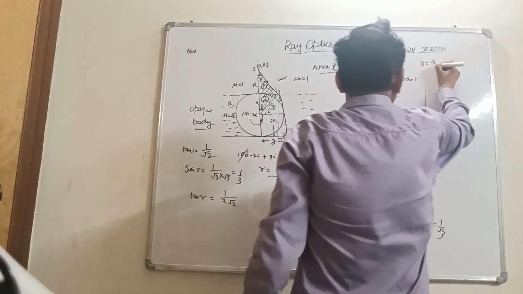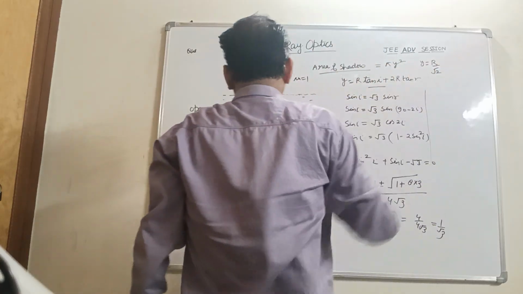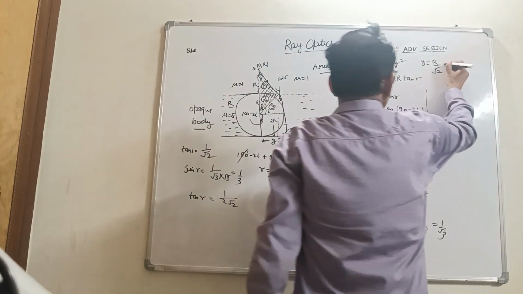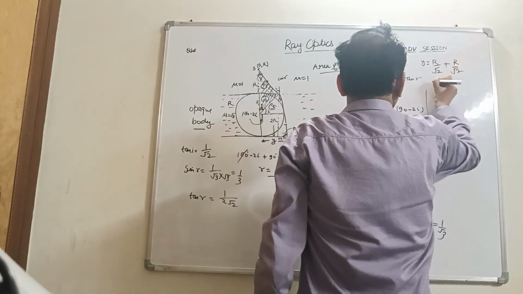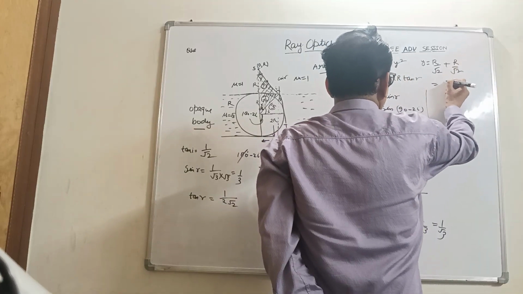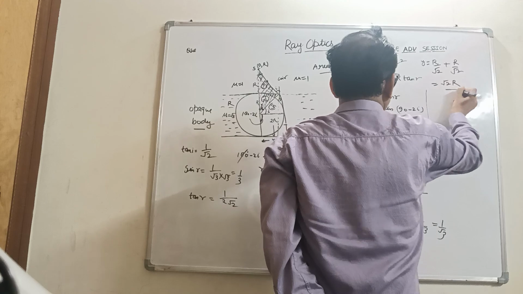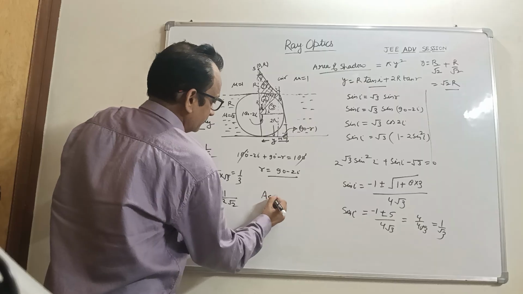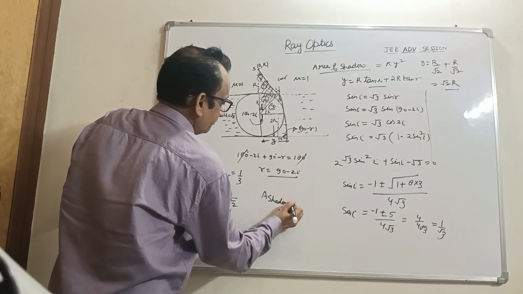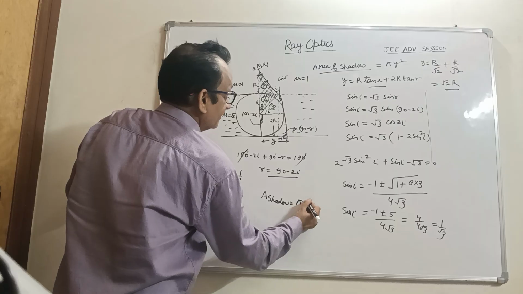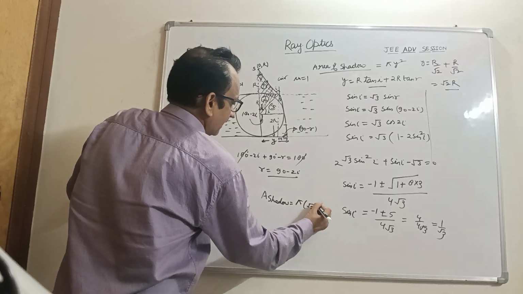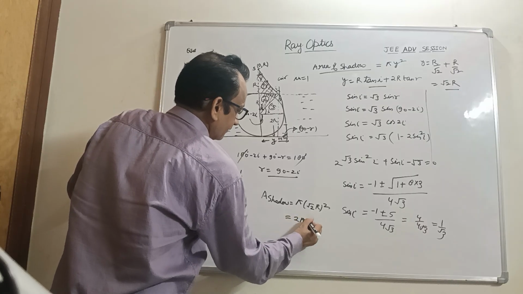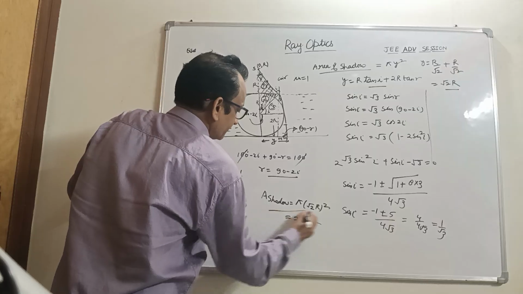Tan i is 1 by root 2, so y is r by root 2 and 2r, which becomes r by root 2 plus r by root 2, that is 2r by root 2, which becomes root 2 r. So the area of the shadow would be pi y square, pi times root 2 r squared. So the area becomes 2 pi r square. This is the area of the shadow.